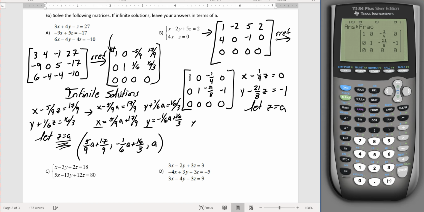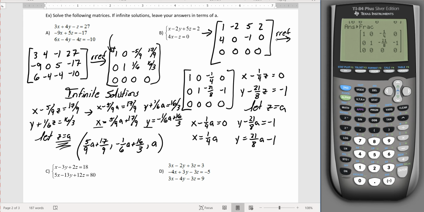So I will say x minus 1/4 of a equals 0, and y minus 21/8 of a equals negative 1. For this one, I add 1/4. I'll find that x equals 1/4 a. For this one, add 21/8, so y equals 21/8 of a minus 1.